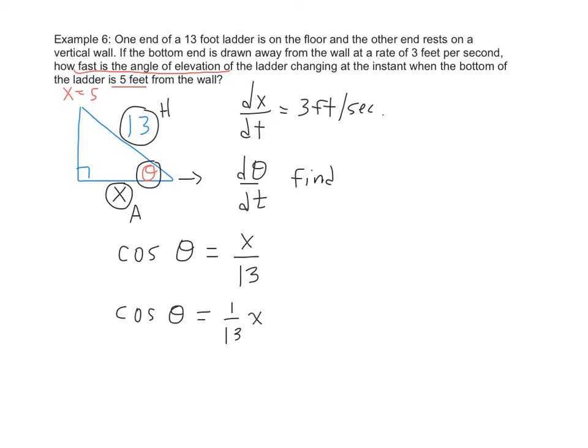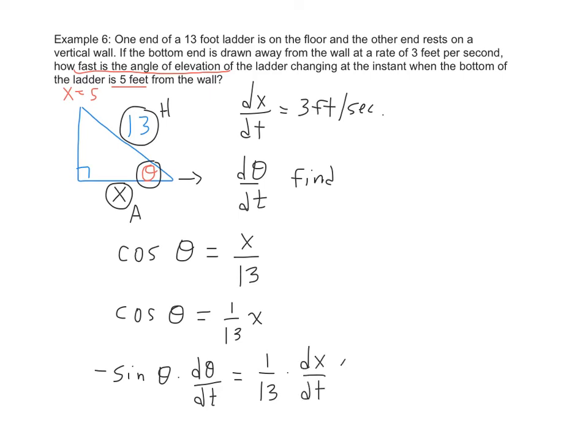So let's find our derivative. We know the derivative of cosine is negative sine of theta. We have to tack on a d theta/dt, since we just took the derivative of a variable of theta. And on the other side, the derivative of (1/13)x would just be 1/13 with a dx/dt tacked on.